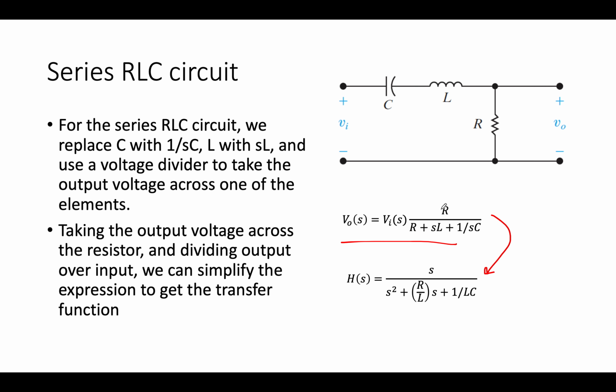And then when I divide by LC, I think I need an R over L in the numerator multiplying this S. So please, I've already uploaded these slides, so please on the upload, if you would, go and correct that, because this does need this R over L.